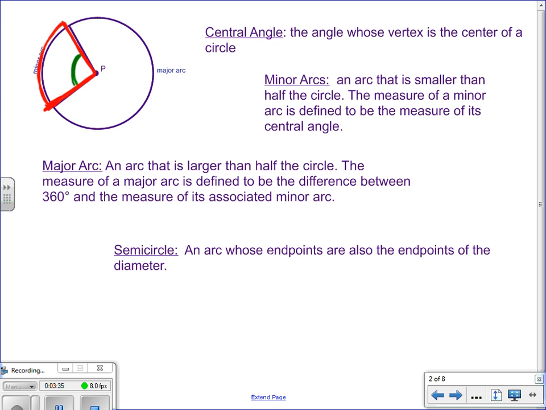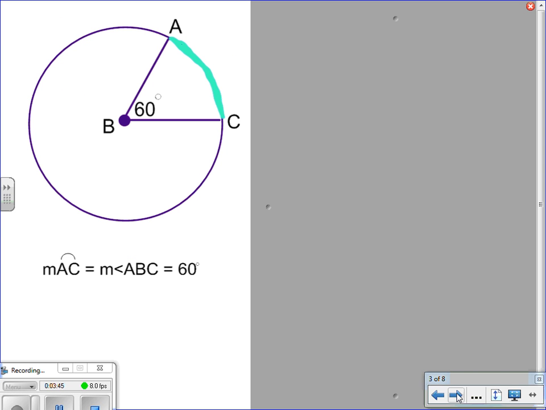When we talk about measurements of arcs, we look at the central angle, and they're going to be the same. So if you look at this next slide, we have the central angle ABC, and the measure of that is given as 60. So this angle is forming the minor arc AC, which is 60 degrees. Your central angle and the arc that it's forming are going to be the same degrees.